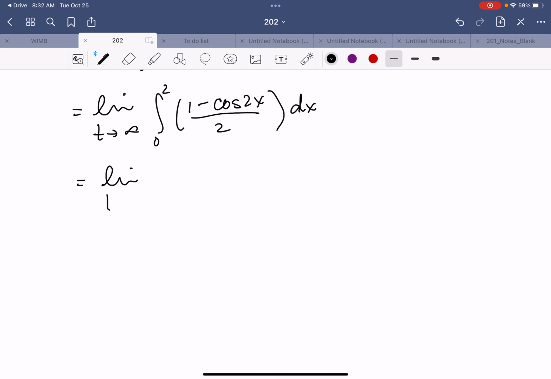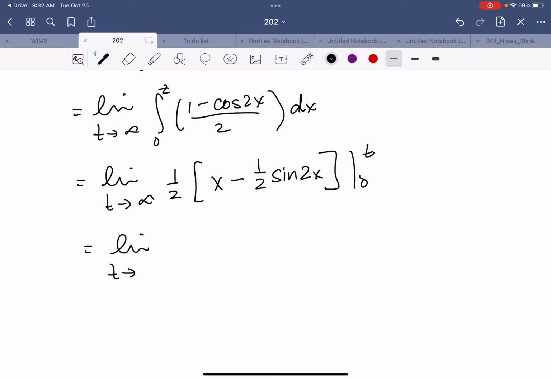That's going to give me the limit as t goes to infinity of 1/2 times x minus 1/2 sine 2x from 0 to t.